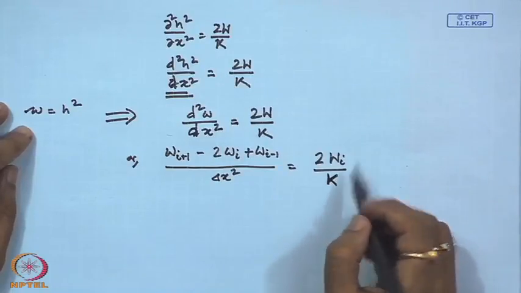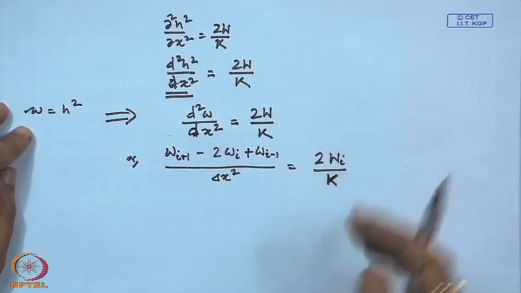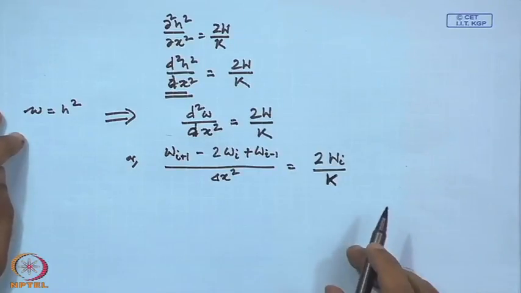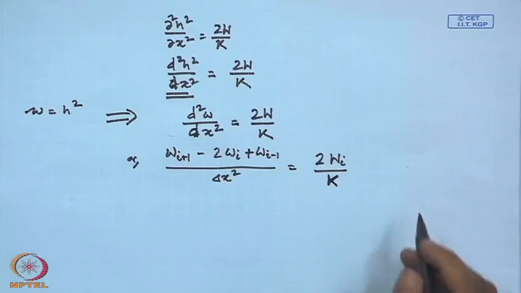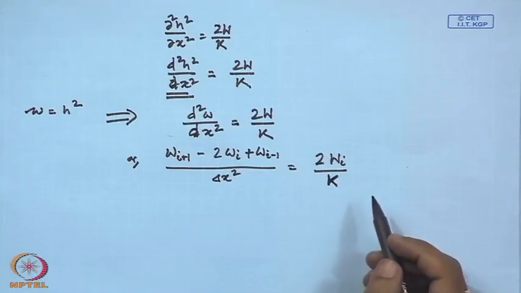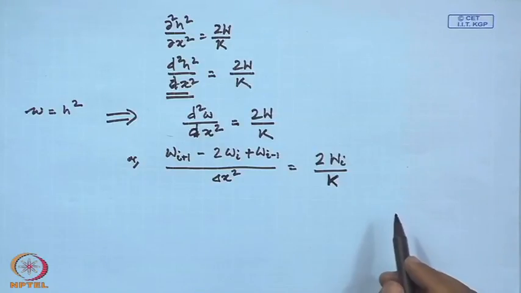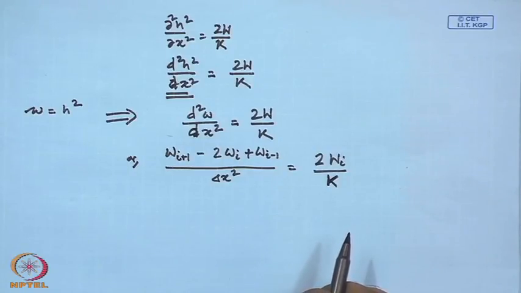We are using a single K value for the whole domain because we have considered that the aquifer is homogeneous in nature. Now this particular equation can be used as a constraint for our optimization problem.